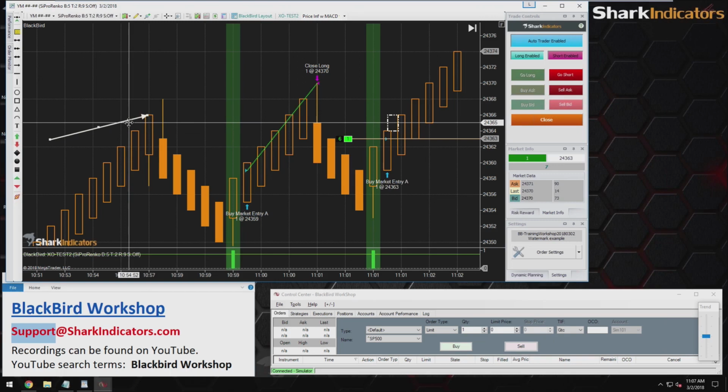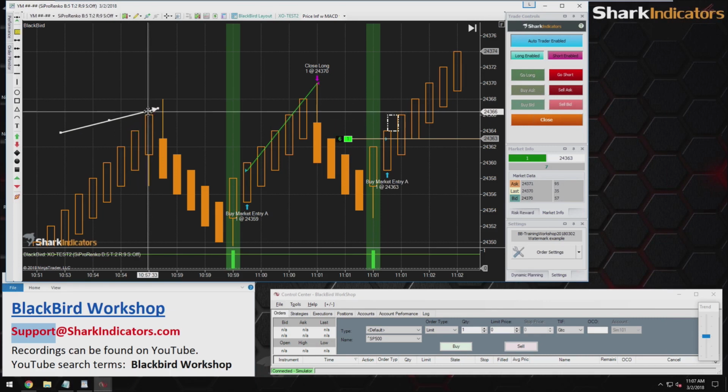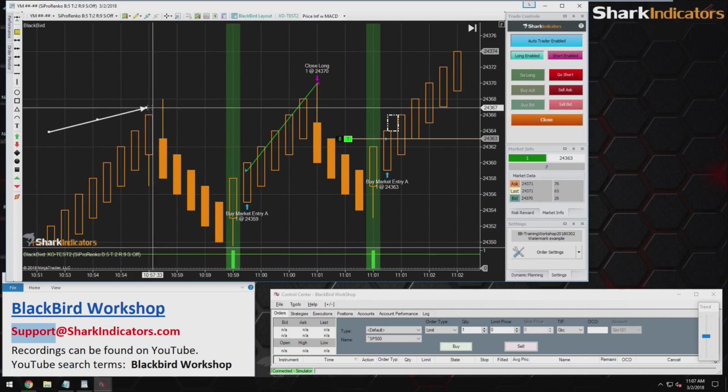So in order for this reversal bar to close, price had to move up one tick higher, and that's the formula needed to close this bar and then open the next bar.